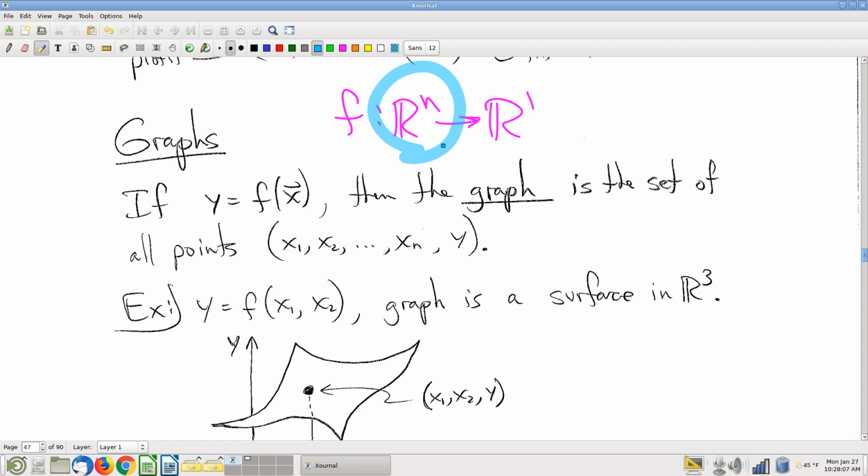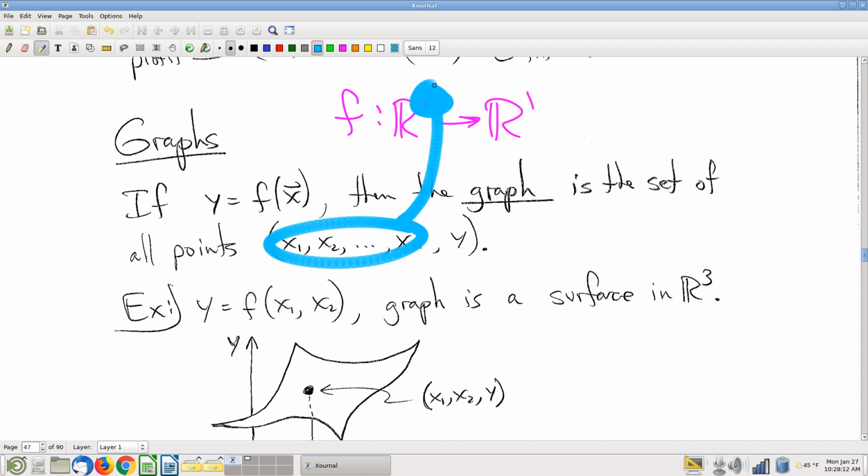It's in Rn plus 1, because we've got n coordinates that come from the input, but we also have another, in this case 1 coordinate, that comes from the output, and all together, grand total, we have n plus 1 variables. So this is weird. The graph does not live in the domain. It does not live in the target. It lives in a brand new hybrid kind of vector space that we made up explicitly for the purpose of giving the graph somewhere to live.